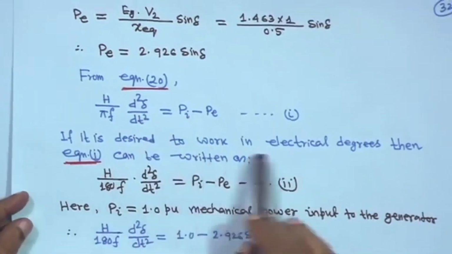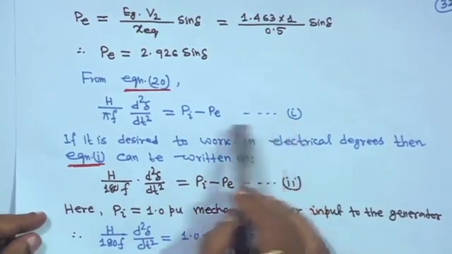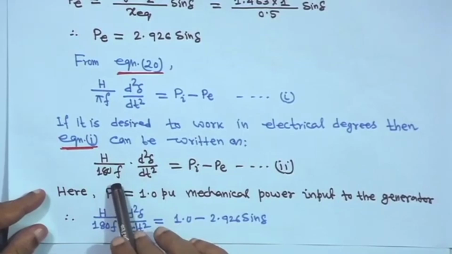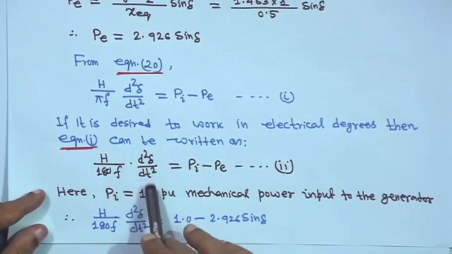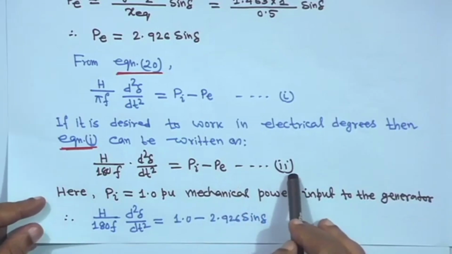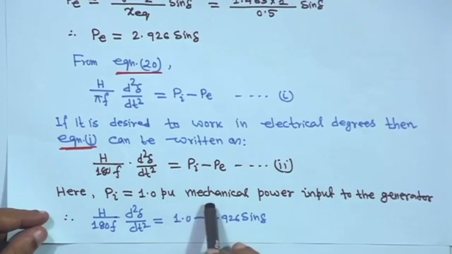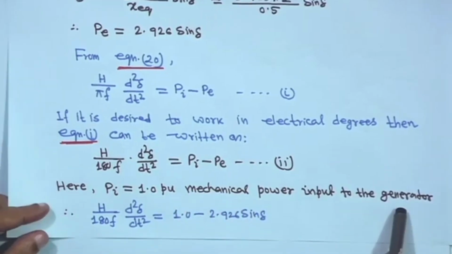Now, if it is desired to work in electrical degrees, then this equation, we are repeating equation 20, that is H upon 180 f into d square delta upon dt square is equal to P_i minus P. This is equation 2 say. Now, P_i here is equal to 1.0 per unit mechanical power input to the generator.